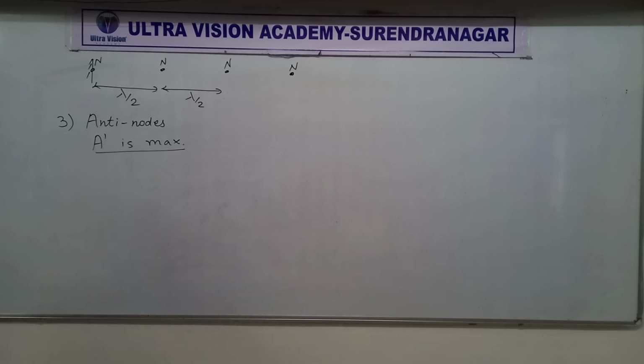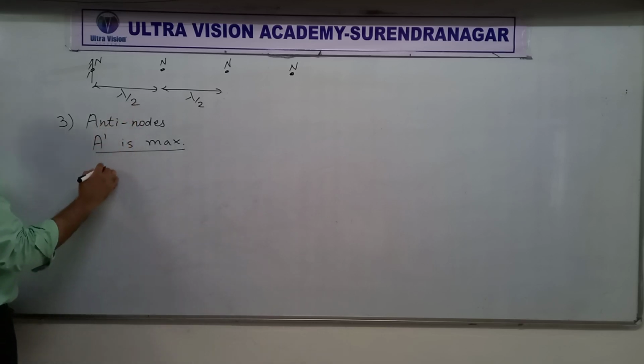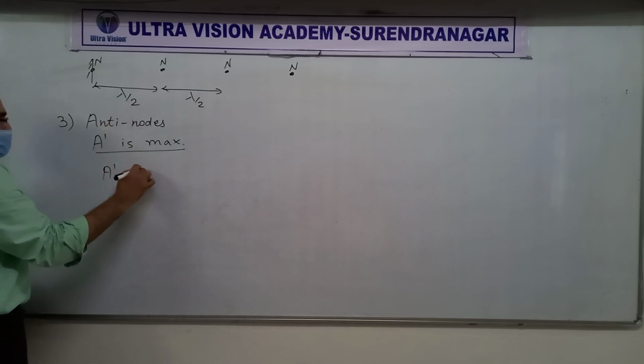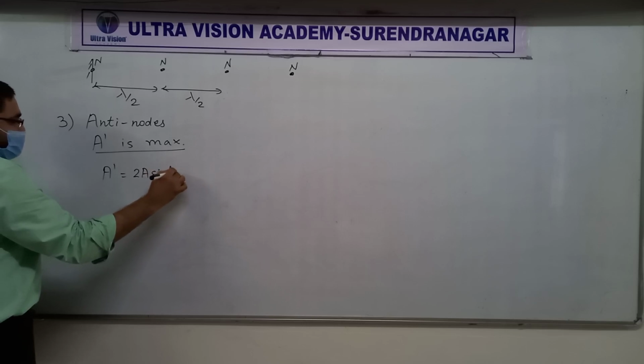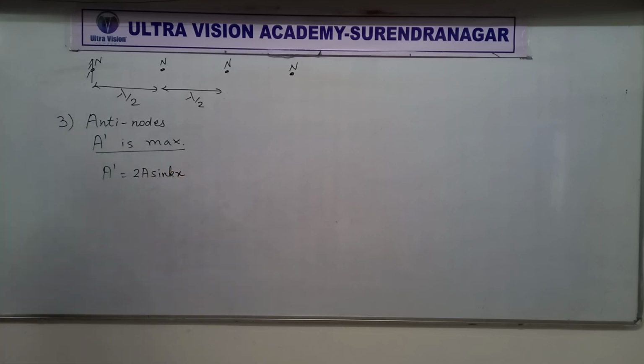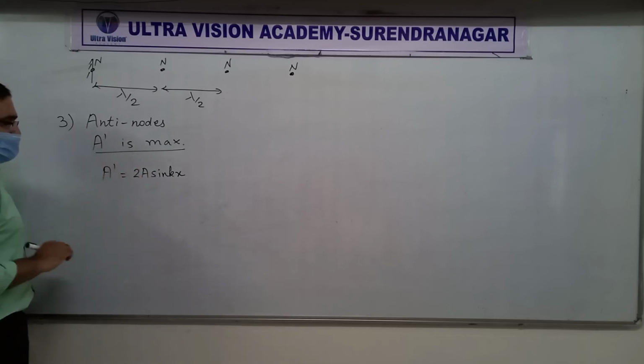Alright? So have a look. We have earlier written that the amplitude A dash is equal to 2a sin kx. Now this should be maximum.